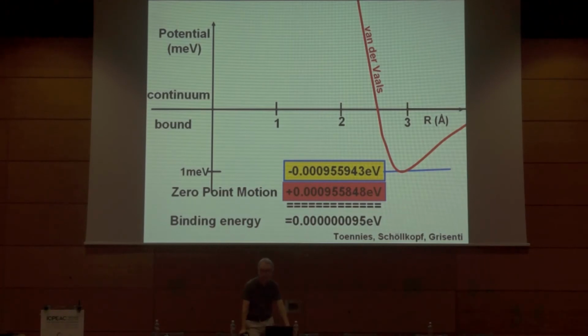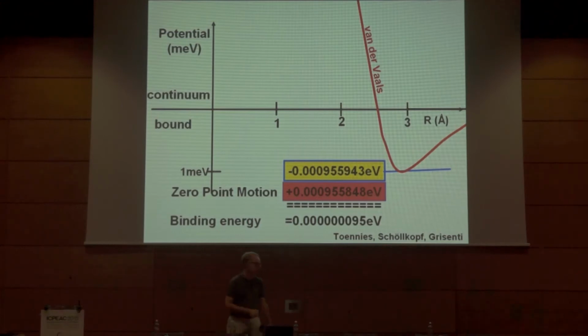And today we know it's bound. So the zero-point motion is slightly smaller than the depth of the potential, and the difference is here in the last digits. It's around between 100 and 200 nano-electron volts by which this is actually bound.